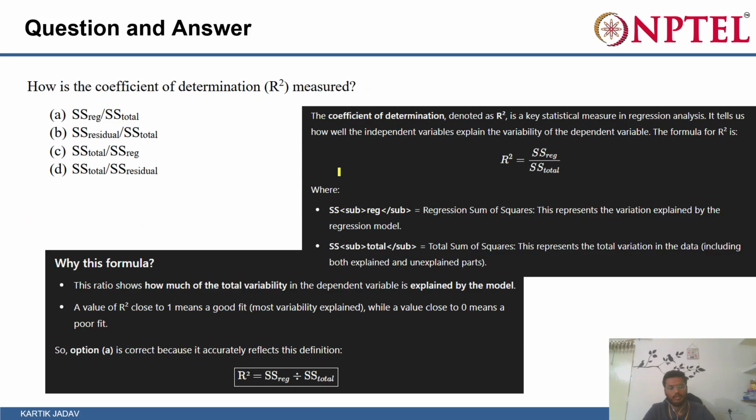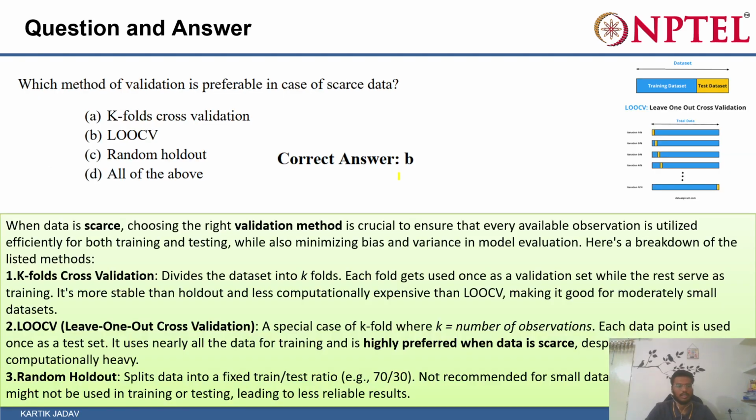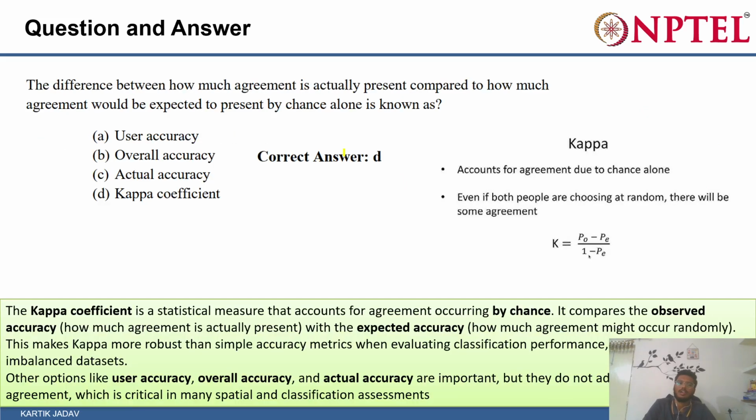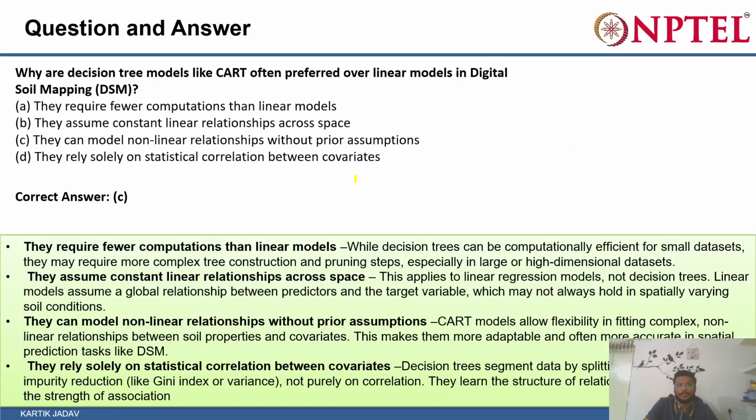Instead, I would like to provide you some time to interact, and if you have any query, you can ask. Right. So all these are the basics of machine learning and some geostatistical methods that we have covered in week number 12.